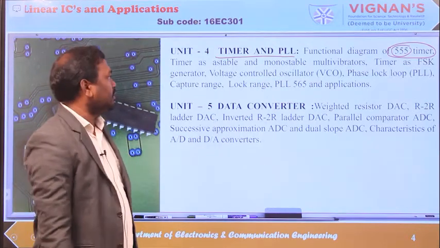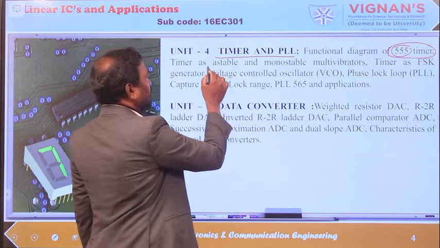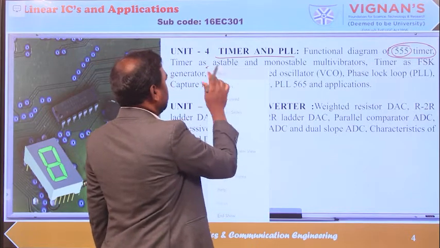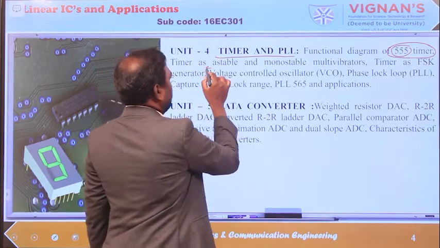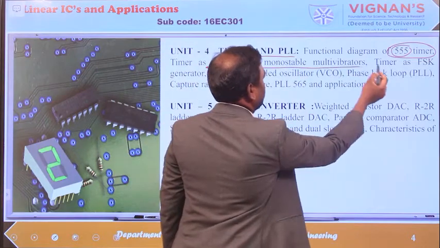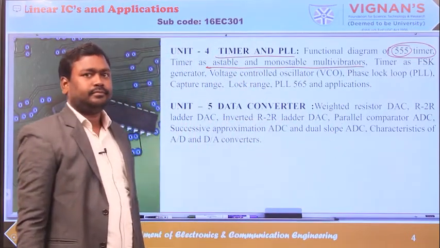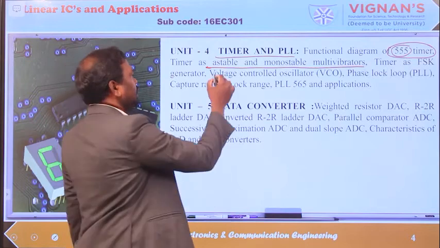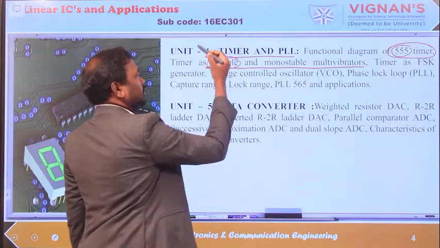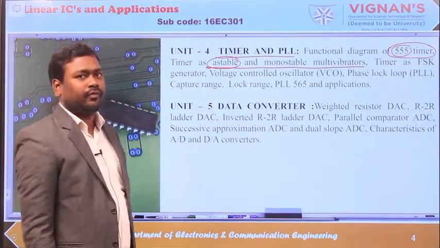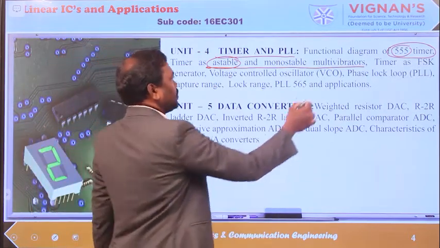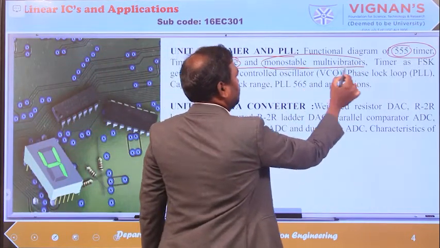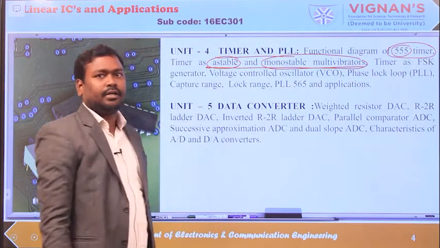So 555 timer is mainly used in the applications astable and monostable. So astable multivibrator can be used to generate a square wave, and monostable is used to generate delays.